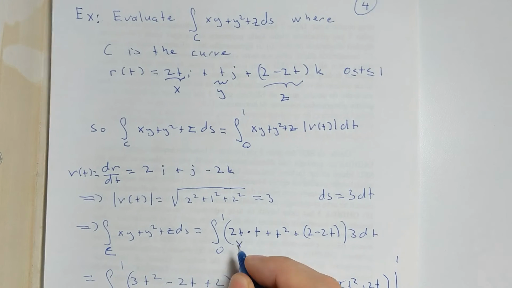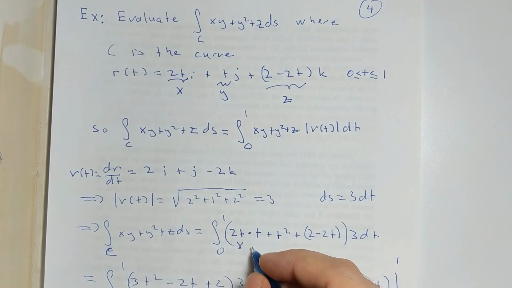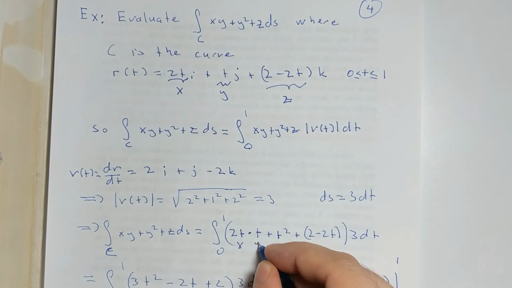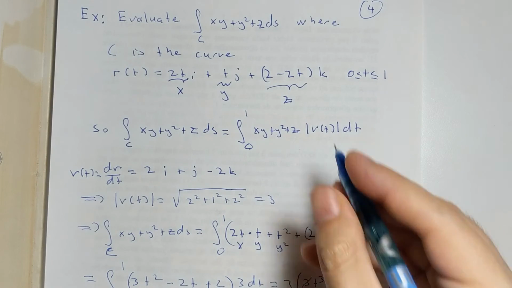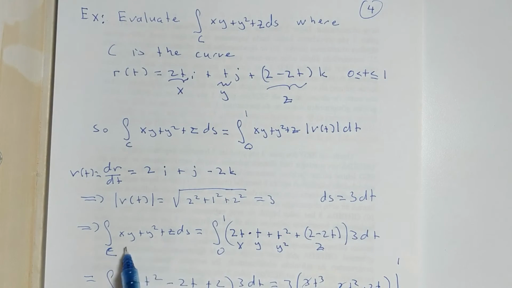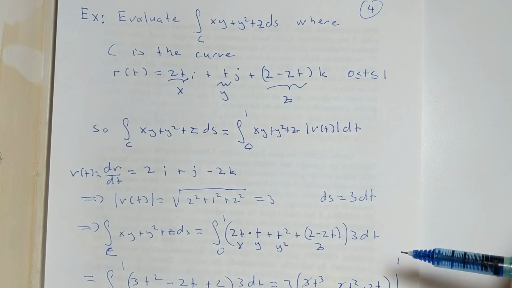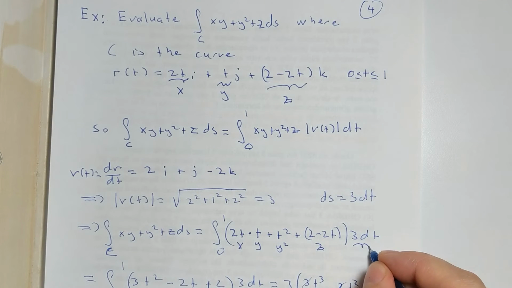And I'm pulling the y from the y component, so I'm plugging in t for y. Then this is going to be y squared, and this is going to be z because this is the z component. You're plugging into these because your values have to be on the curve. You're pulling them from the curve itself. Times 3 dt because this was our ds.